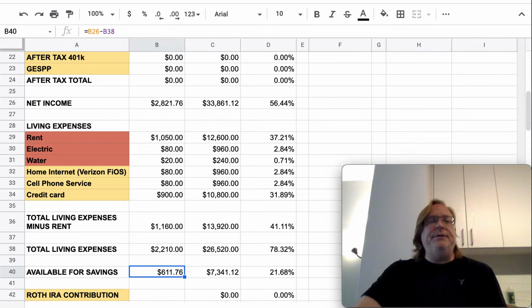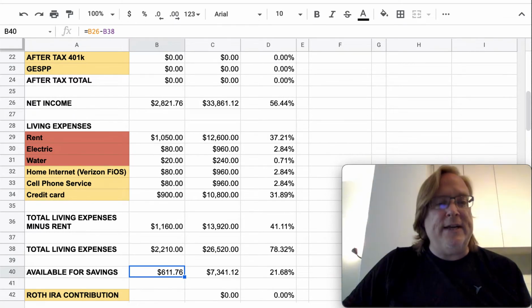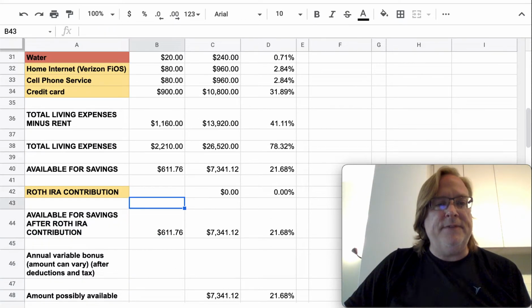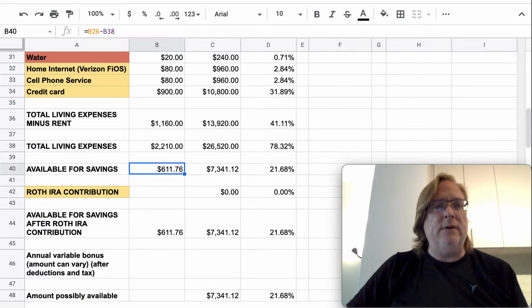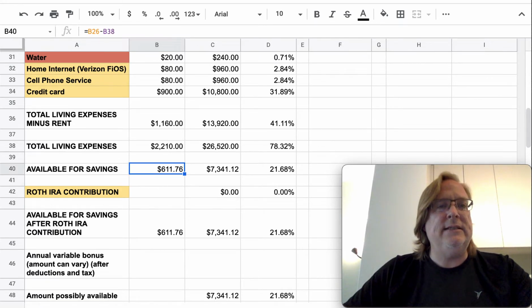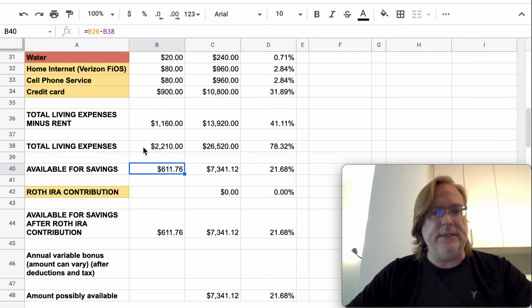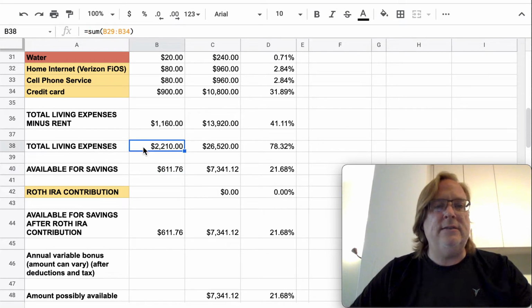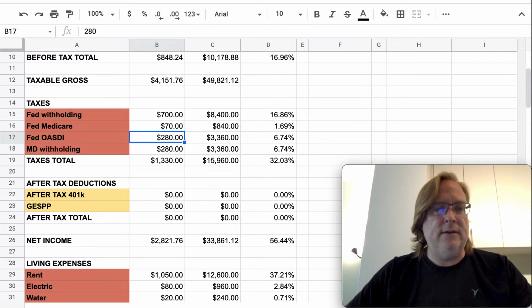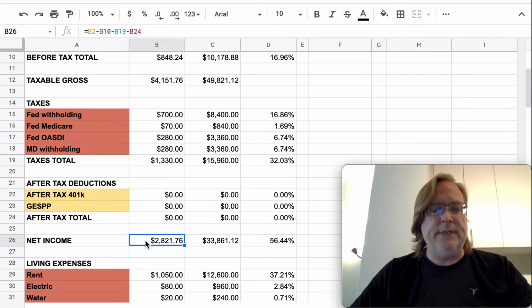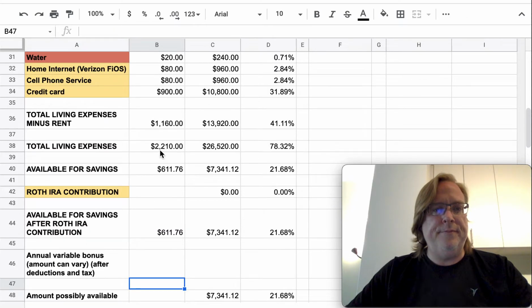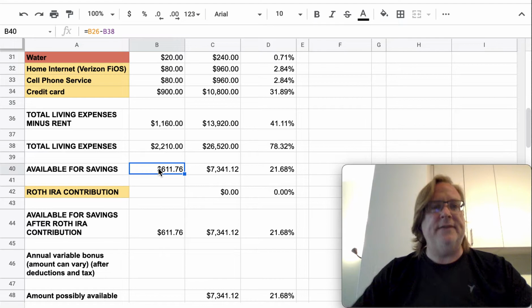So then I do some subtraction in order to know what's available for savings. Okay, so this is B26 minus B38. B38 are your total living expenses, including housing. And then B26 should be, yes, the net income, B26, monthly net income available for savings, right?